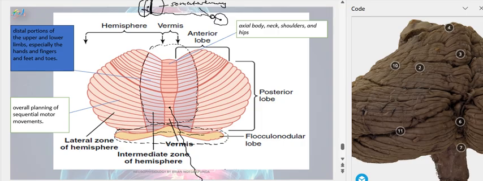This is normally regarded as the corticopontine pathway. The corticopontine pathway is very, very important because signals are able to move from the cerebral cortex all the way down to the brainstem, specifically the pontine, where now there'll be another pathway from the pontine into the cerebellum, as the name suggests, the pontocerebellar pathway.